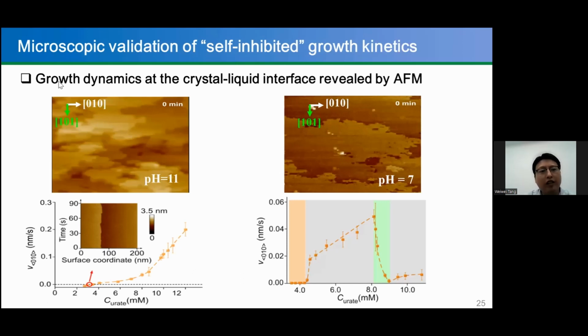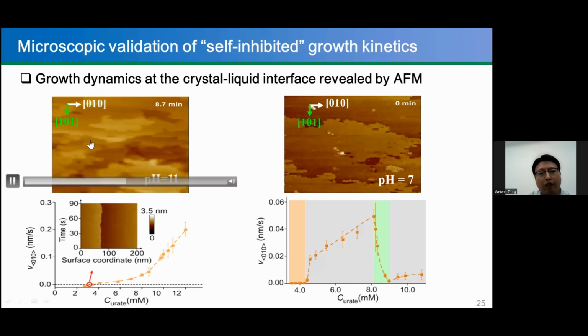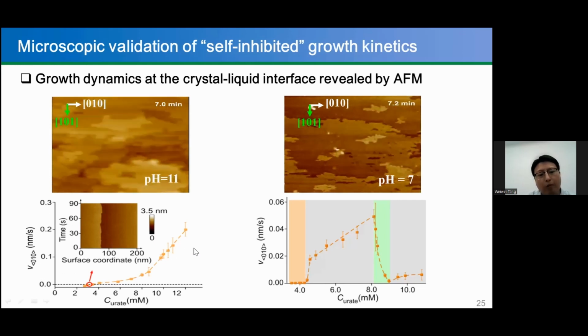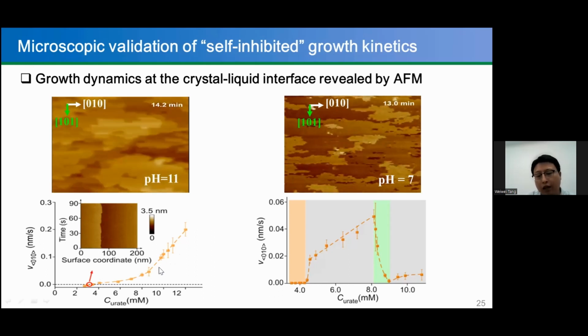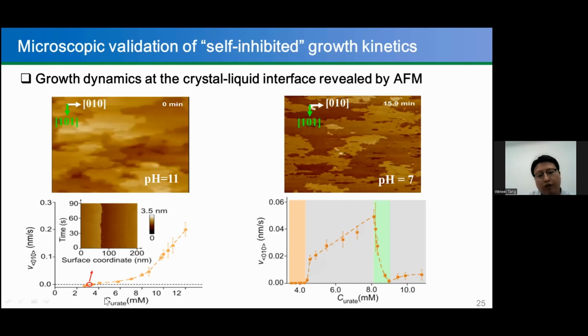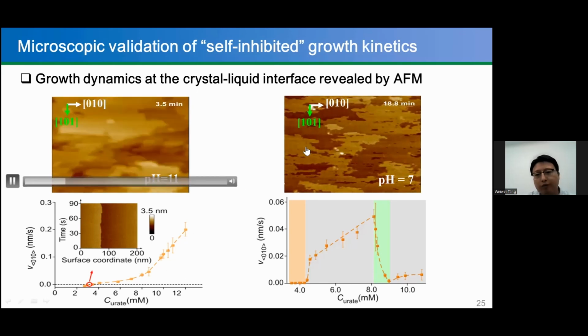We further investigated the surface growth dynamics at the crystal liquid interface by AFM. At pH 11, we see the surface growth proceeds by 2D nucleation and spreading mechanisms, and the surface step velocity measurements also reveal a typical nonlinear increase as a function of urate concentration.